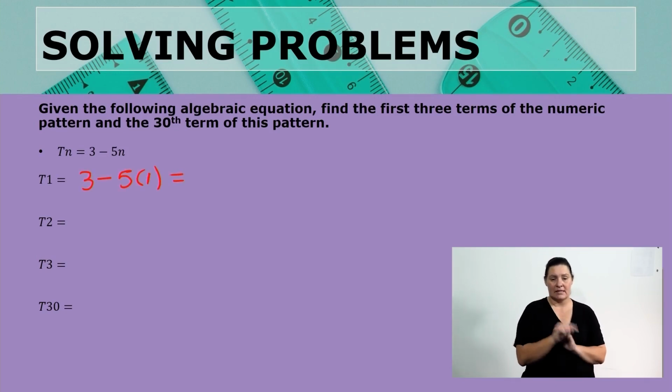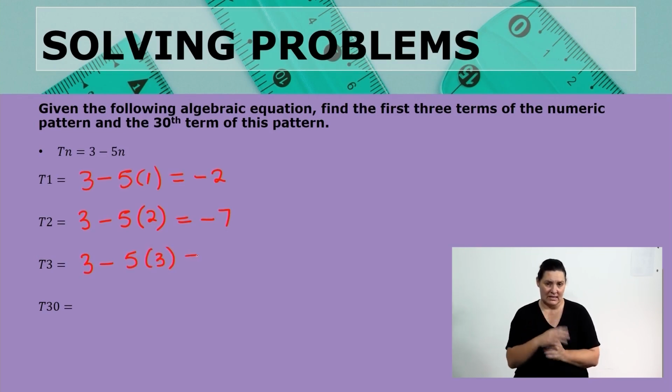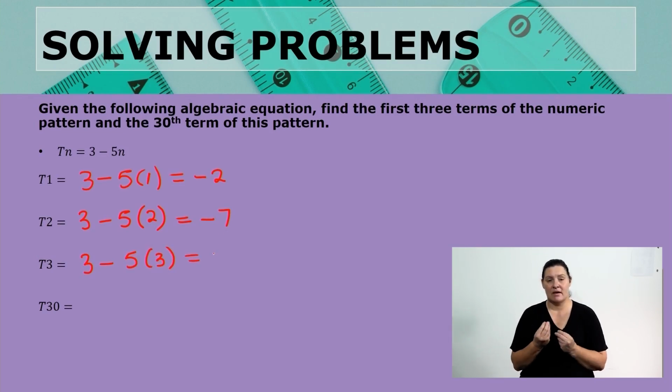So 3 minus 5, that is going to give us a negative 2. For the second term, we are going to say 3 minus 10, because 5 multiplied by 2 is 10. That is going to give us a negative 7. And for the third term, we are going to say 3 minus 15, because 5 multiplied by 3 is 15. And then we are going to have here a negative 12.